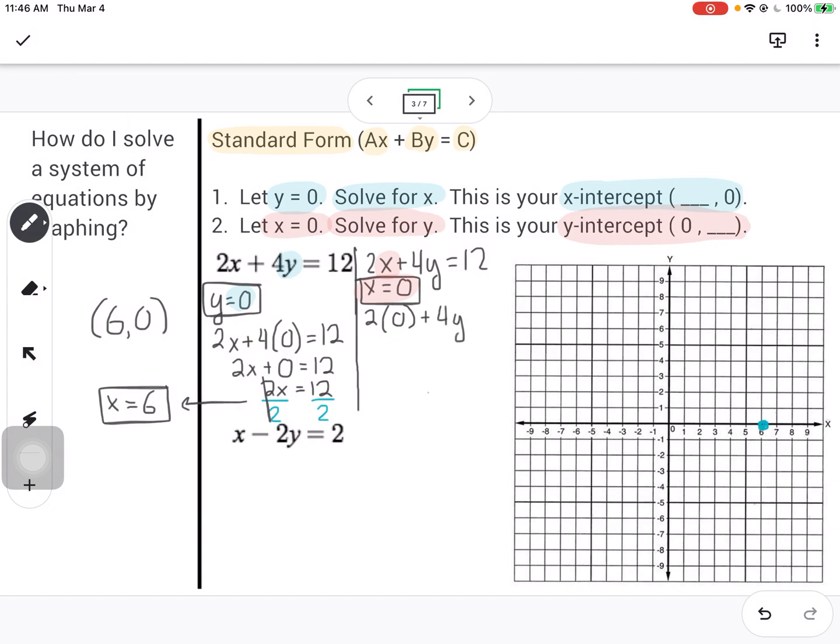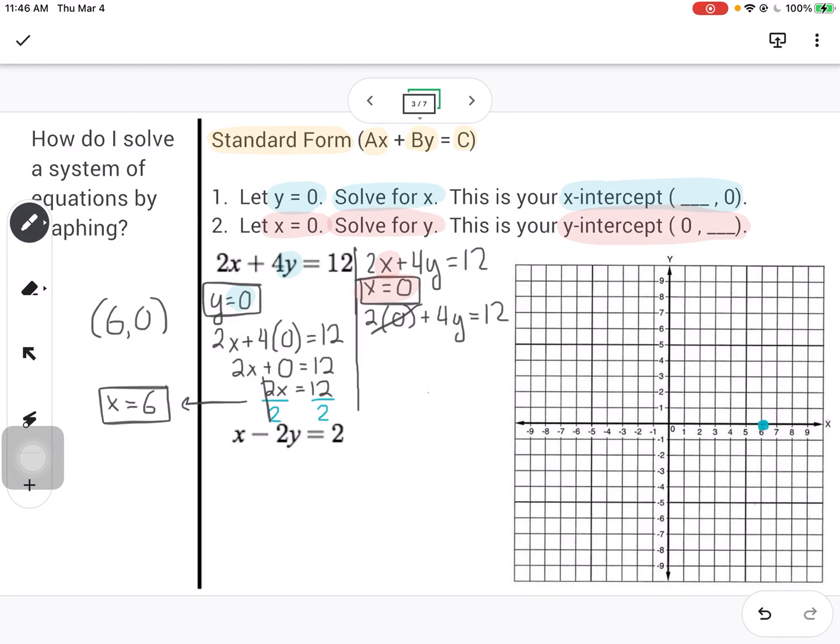Two times 0 plus 4y equals 12. Well, 2 times 0 is 0, so that just kind of goes away. That's why we're plugging in 0, because when you multiply by 0, it becomes nothing.